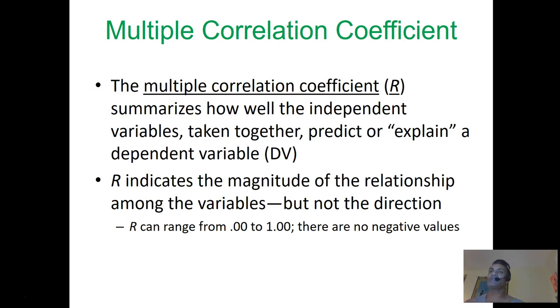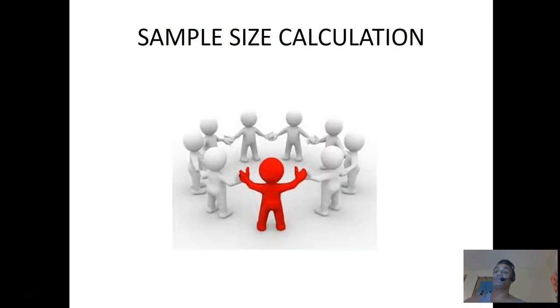Well, capital R works the same way. So capital R tells us how well all of those variables I threw into my multiple regression soup predict the outcome that I care about, in this case, your final exam mark. But capital R is different from small r because there's no negative values. It only goes from 0 to 1, and 1, of course, means a perfect relationship as well.